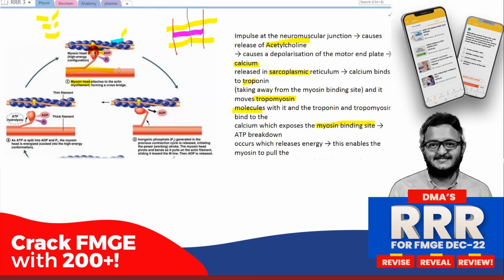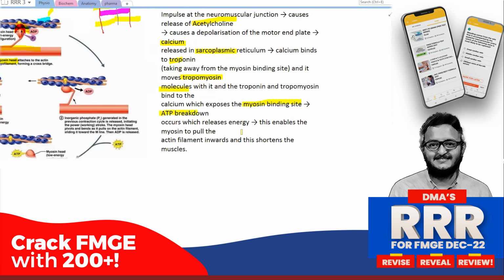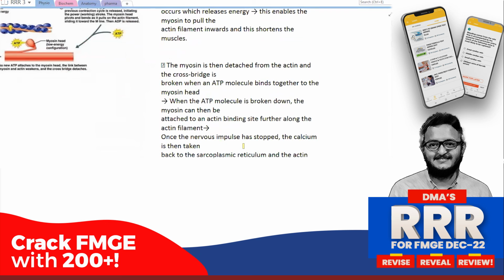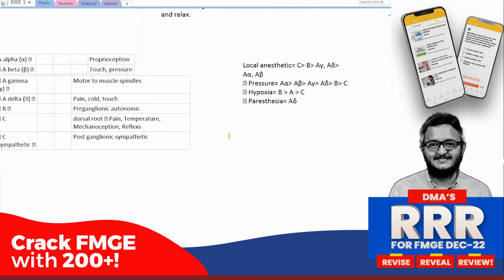With that, the binding site got exposed, and now actin and myosin can interact. During that, what do we need? We need ATP. ATP breakdown occurs and myosin is pulled. So this is how it has been done. Also while relaxing, the same thing happens vice versa, and again ATP is used. So in both methods, we have used ATP.